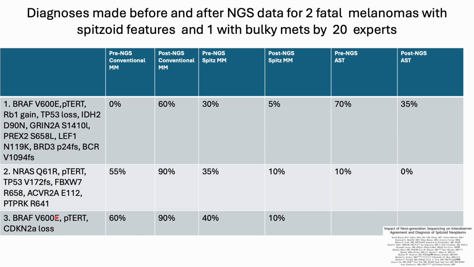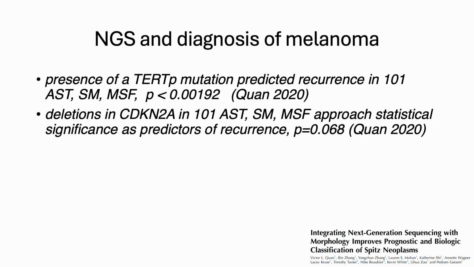And here's another fatal melanoma. No one was willing to call this atypical Spitz tumour, but the numbers went up from 60% conventional melanoma to 90%, knowing that it's a BRAF lineage tumour. So you can see, I think, that in these very, very hard to classify melanocytic tumours, molecular data does have a role in helping us make a more accurate diagnosis.